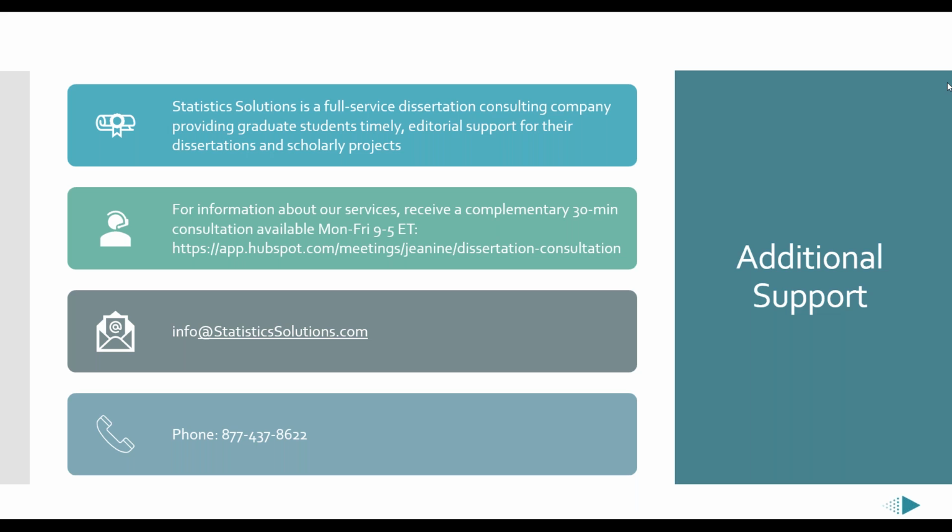So a lot of instruments will go through a development process where initially maybe they'll have a lot of items, but then down the road, researchers will do more work on the instrument and maybe they'll develop a shorter form of the instrument, which they'll often call a short form, where the instrument will measure the same variable, but they'll reduce the number of items. So that's something to consider.